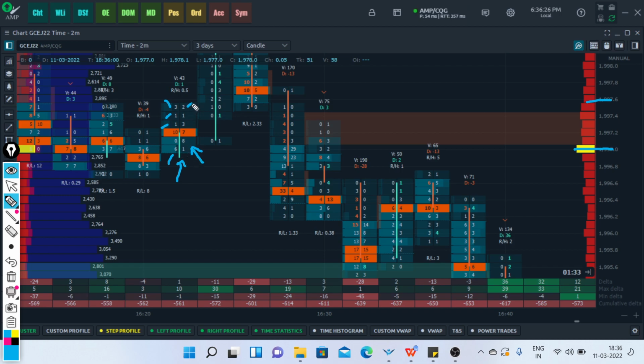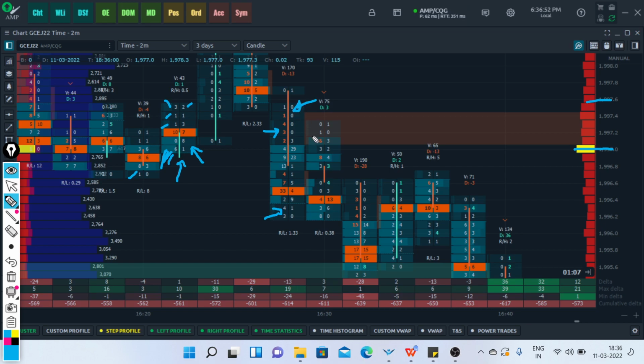So these are the ask side and this is the bid side. To sum up the definition of these numbers, the numbers on the left side of the candlestick are sellers, and the numbers on the right side are buyers.